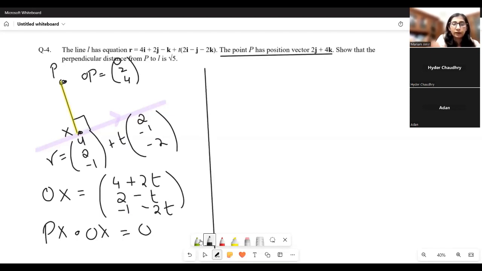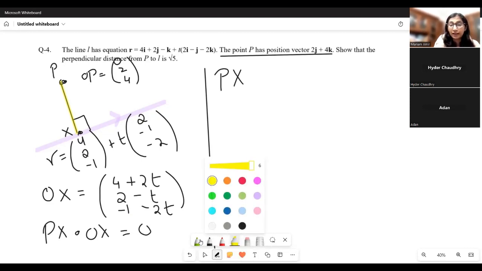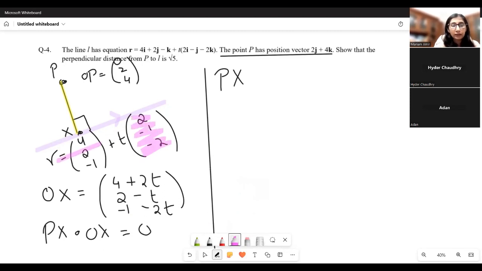Now let's find PX first. PX would be, in fact, it's not going to be PX dot OX. It's going to be PX dot this direction vector. Because this vector is parallel to the purple vector, so there's going to be a right angle between this and this as well.